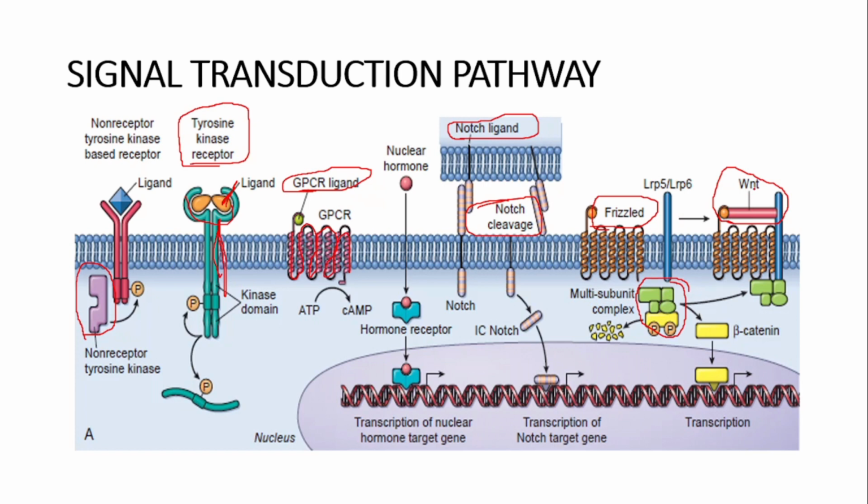Whenever this Wnt ligand comes and binds to the receptor, this leads to the disruption of this subunit complex, leading to the release of beta catenin, and this beta catenin will go and bind to the transcription factor, finally leading to the transcription of DNA. So mutation of this Wnt gene or beta catenin is seen in FAP, familial adenomatous polyposis.